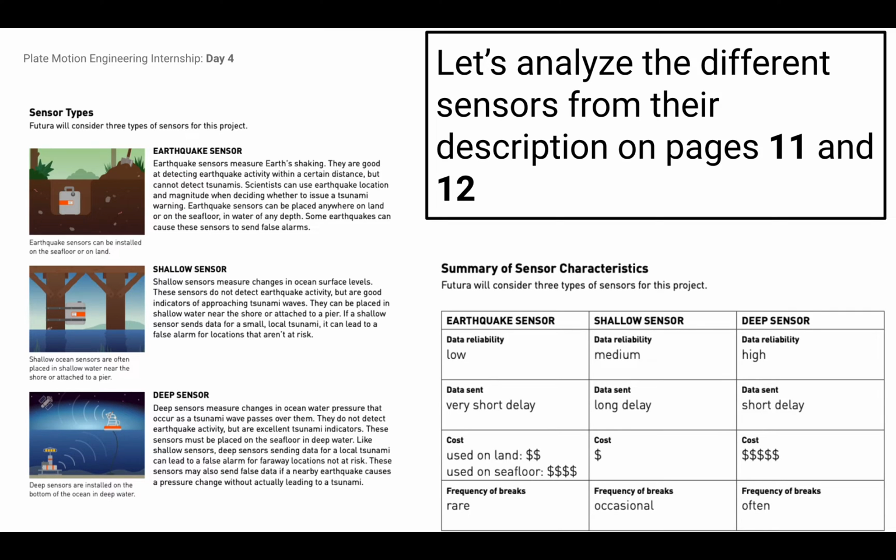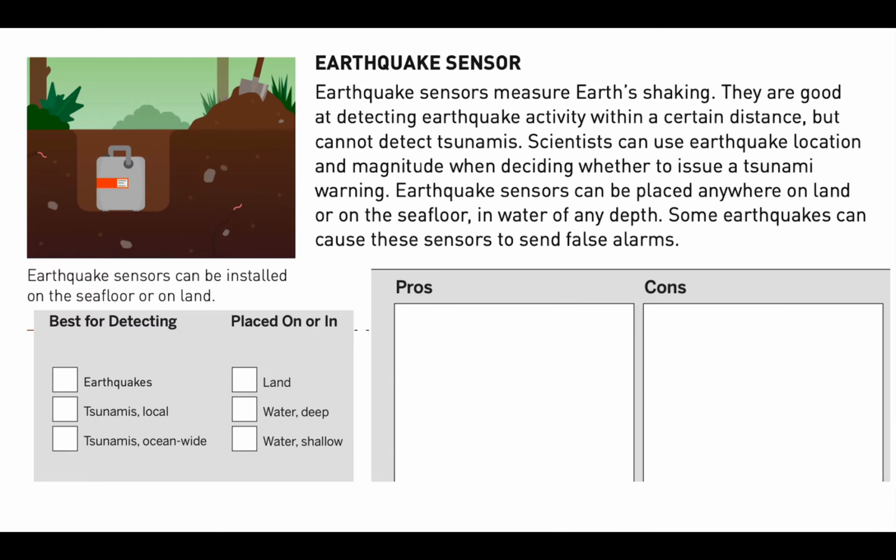We're using the information from the paragraphs on page 11. And then on page 12, if you remember, there was this summary of sensor characteristics. And so we're using some of those characteristics. Okay? So earthquake sensors. First of all, they are best for detecting earthquakes.